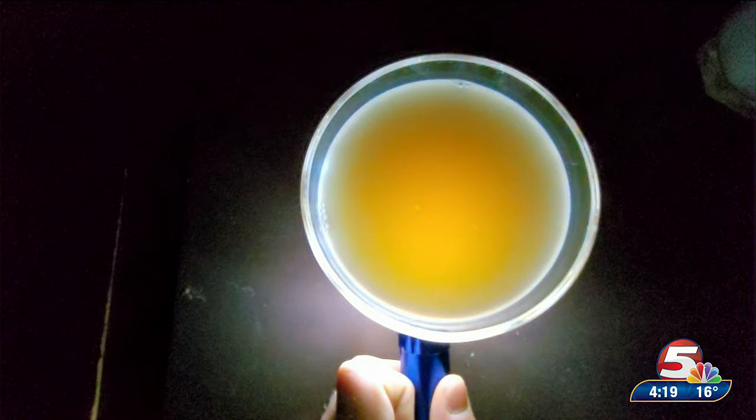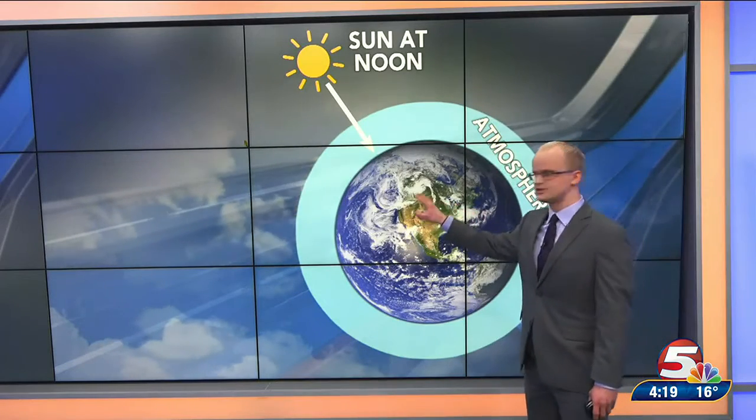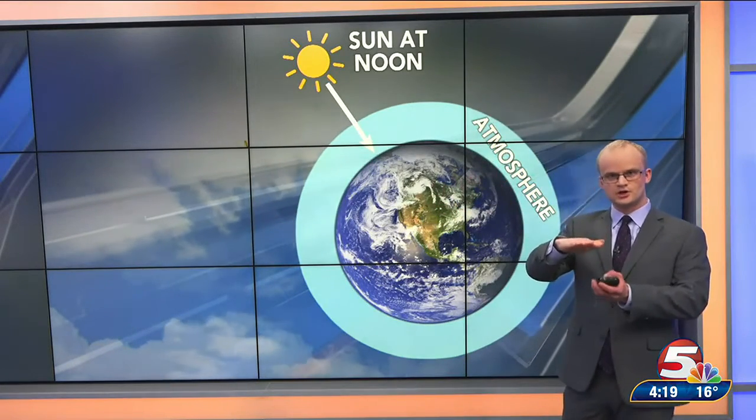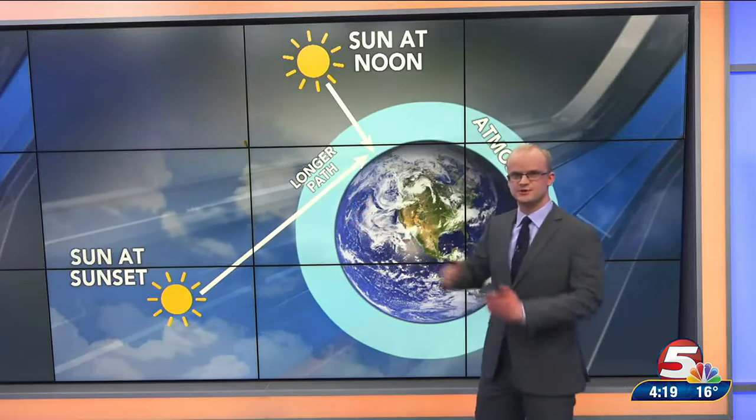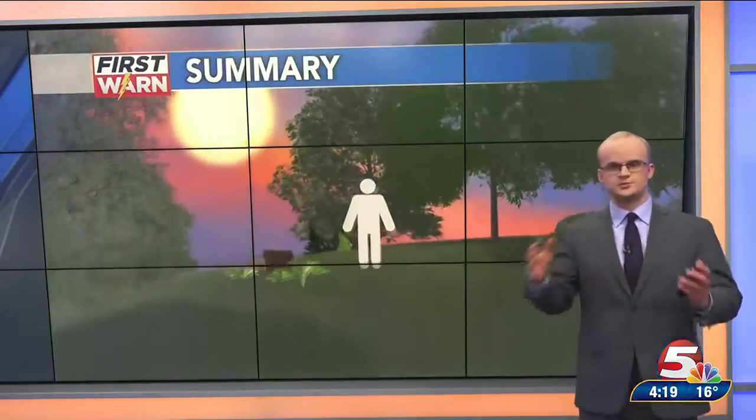So we can explain that with this graphic right here. When we have the sun at noon shining directly down on the earth, it passes through a very small layer of the atmosphere. Versus at sunset, the sunlight has to go through a longer path in the atmosphere. And that means it has a longer period of time to be scattered out by those particles in the atmosphere.